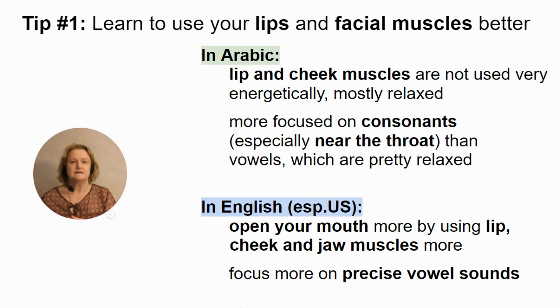So instead of hi, it's hi, hi. Or, for example, I don't know, instead of I don't know. Okay, so that's my tip number 1. Learn to use your mouth better.